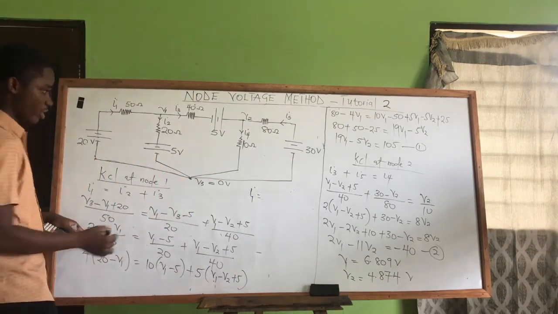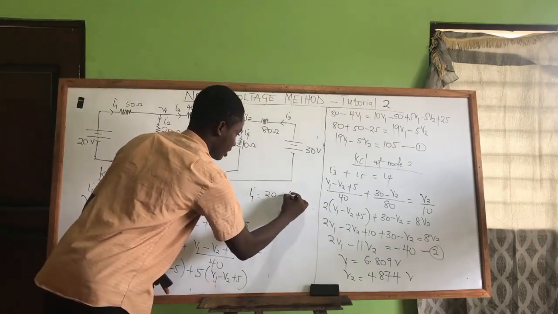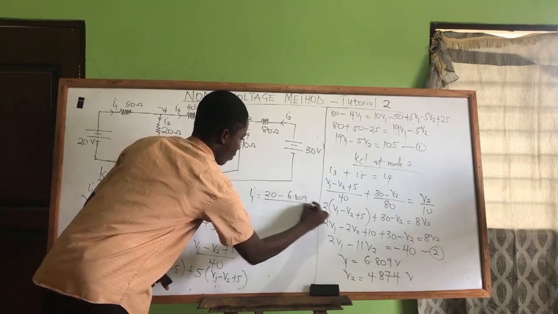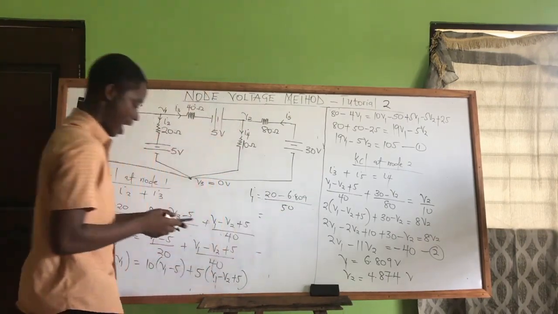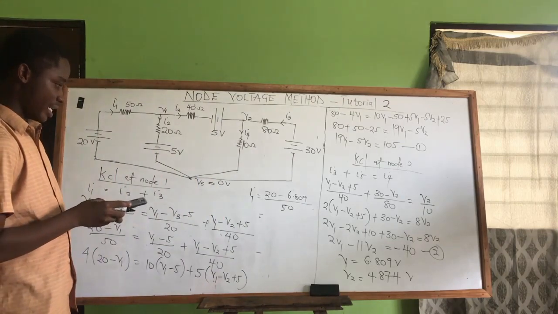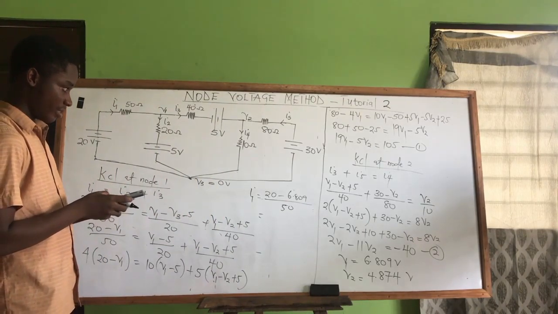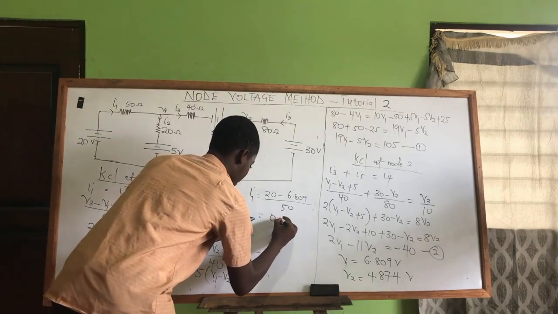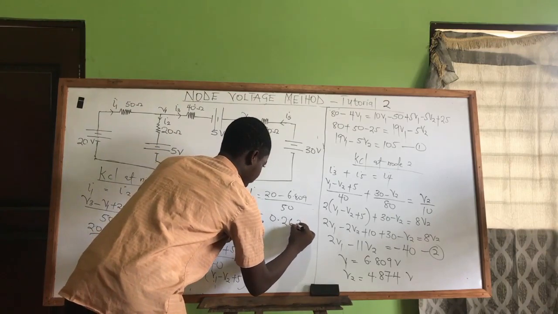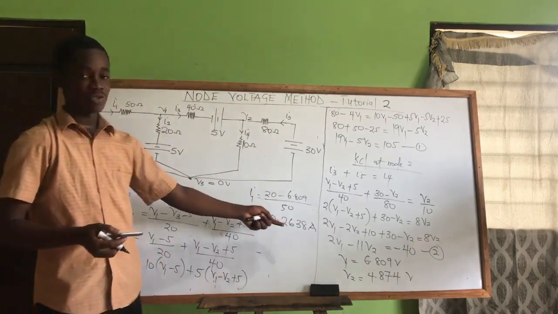Our I1 is 20 minus V1, which is 6.809, over resistor 50. So my I1 gives me 20 minus 6.809 over 50, which is equal to 0.2638 amperes. So current I1 is equal to this.